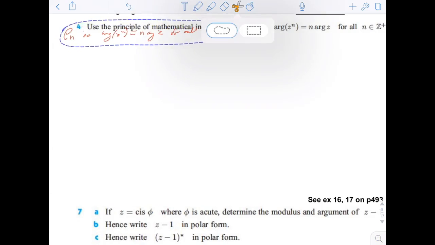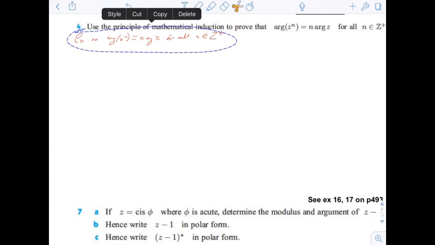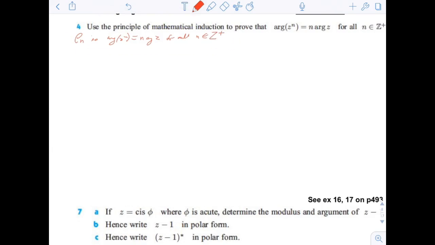So P1 says that arg of z to the 1 is equal to, and that's the left-hand side.